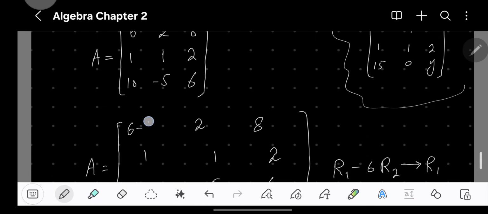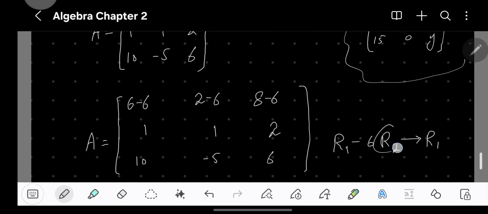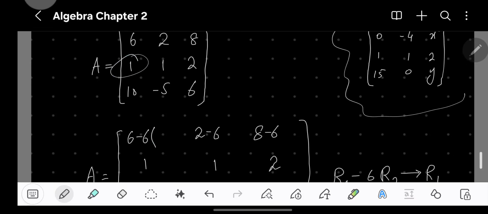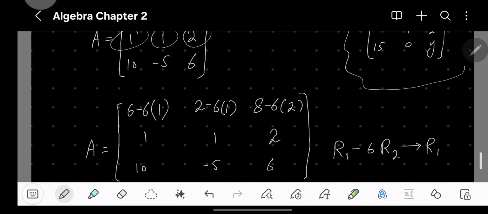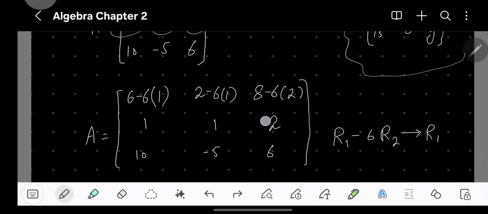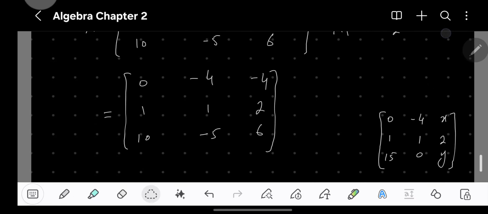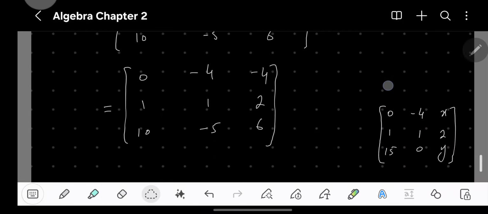So I will write minus 6 times R2 everywhere, where R2 is 1, 1, 2. Now the first row has been changed, just like this operation. If I simplify, I will get this matrix after simplification.